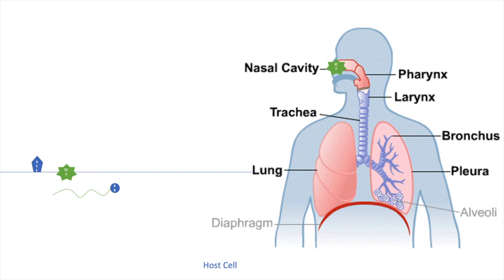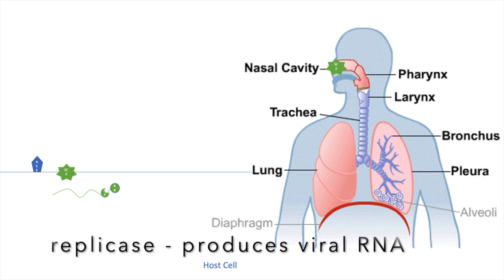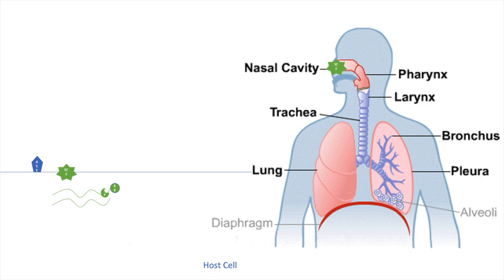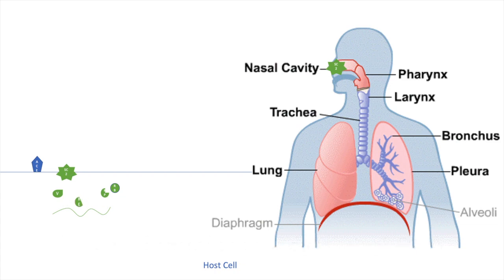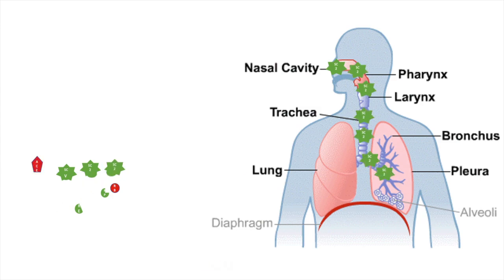But now, the virus uses this to produce its own protein, called a replicase, to make more copies of its RNA. Afterwards, viral RNA is cut by an endonuclease, makes its own viral proteins, buds off the surface, and becomes virions. Millions of new virions are released to infect other host cells, and the host cell dies.